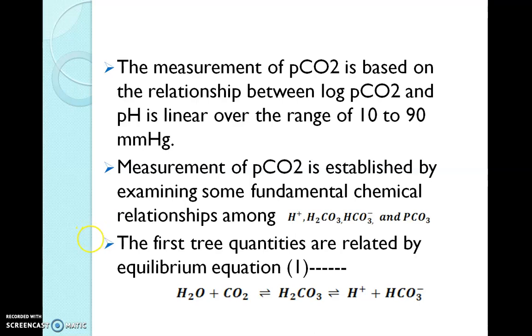This result can be established by examining some fundamental chemical relationships among H plus, H2CO3, HCO3 minus and PCO2. The first three quantities are related by the equilibrium equation: H2O plus CO2 gives H2CO3, which gives equilibrium of H plus plus HCO3 minus.